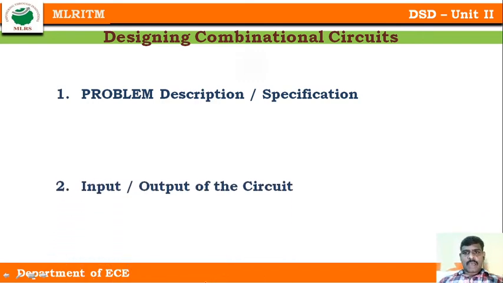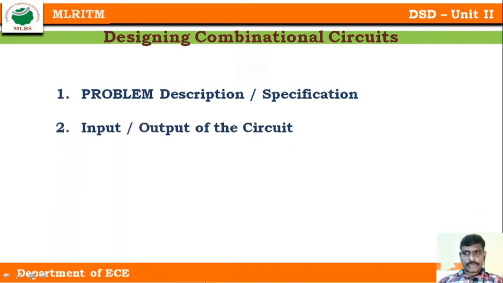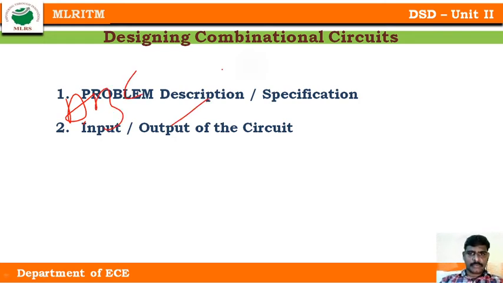Then for that particular problem statement, you need to find how many inputs are required and how many outputs are required, and what the names of the input variables and output variables are. So you need to define the input and output variables. Suppose I say my input variables are A, B, C, and my output variable is Y. So you need to name those input and output variables.